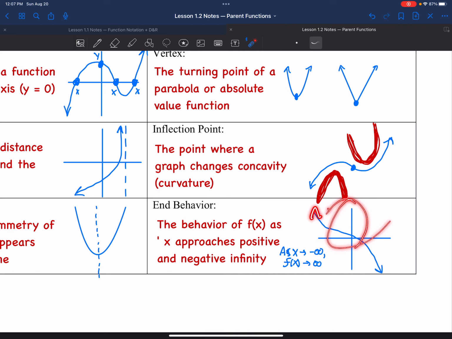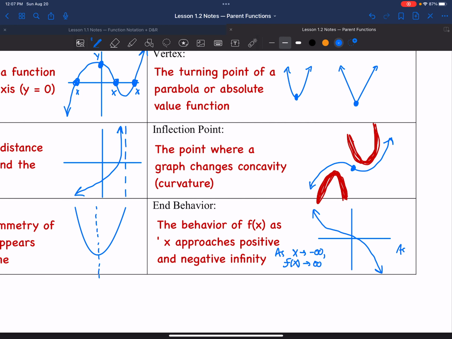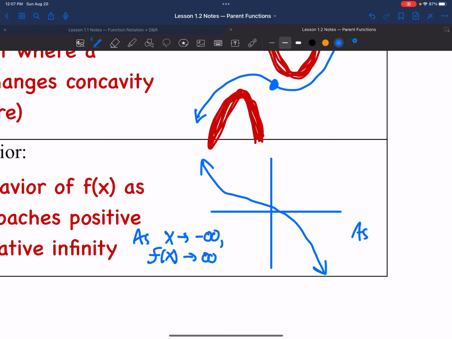Well, it's going up. So I say as x goes to negative infinity, f of x goes to positive infinity. Vice versa, if you look on the right here, as x goes to positive infinity, so as I go to the right here, f of x goes down, right?